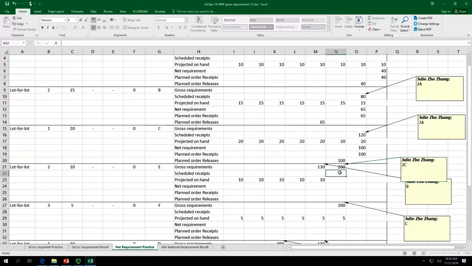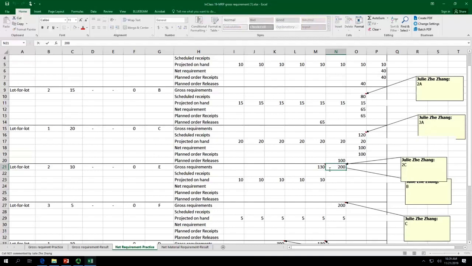If we need to prepare the material for C, it is 100. Now you need to have 200 because 1 C needs 2 E's. That's why it is 200.